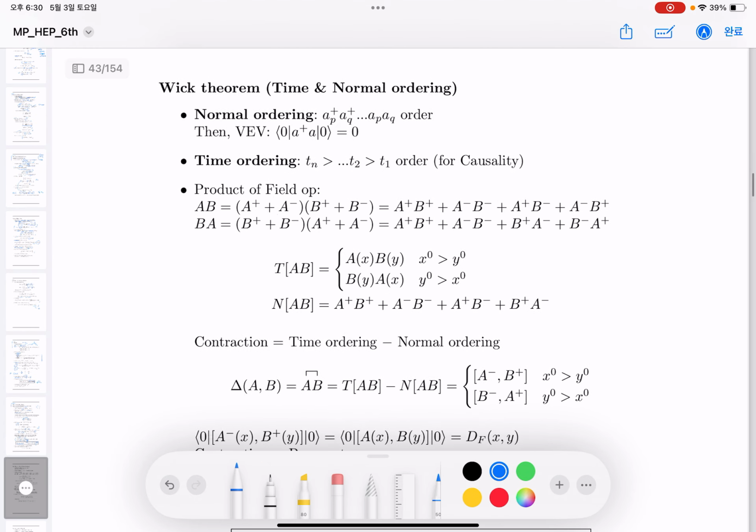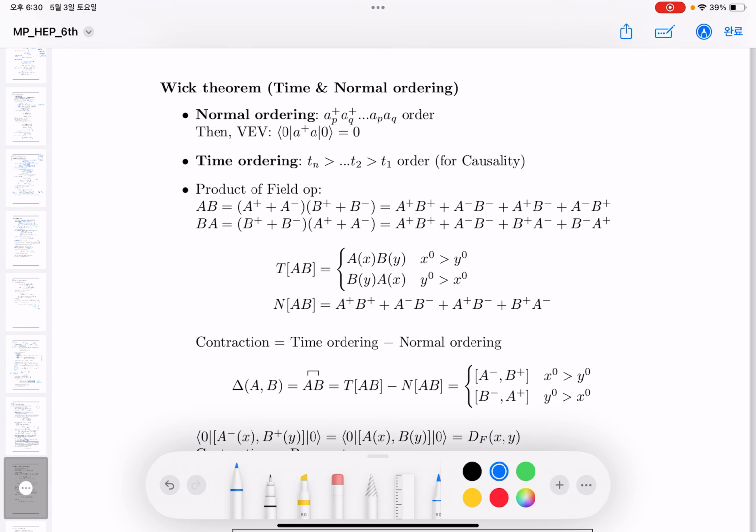Now, if we consider some specific perturbative term, then the interacting Hamiltonian includes several fields as the interaction term, and such fields are described by ladder operators. And by using that, there will be some n number of field operators, which can be represented by the ladder operators.